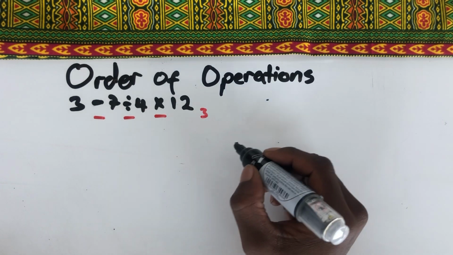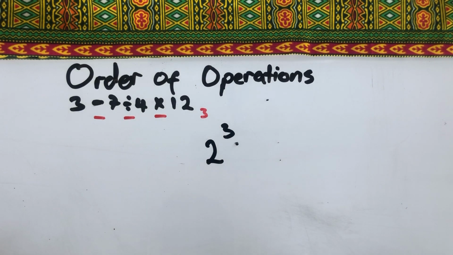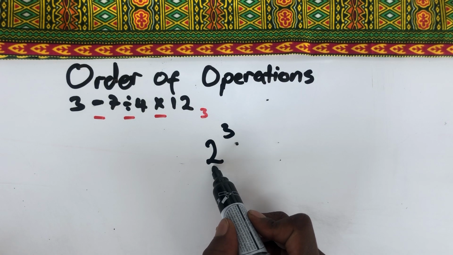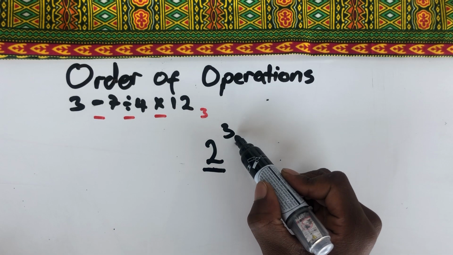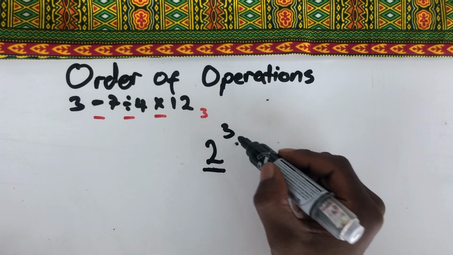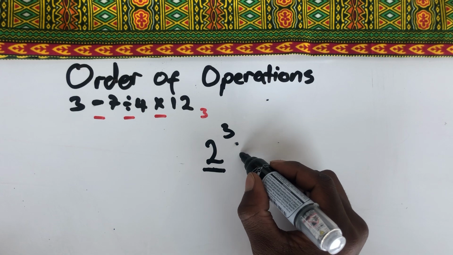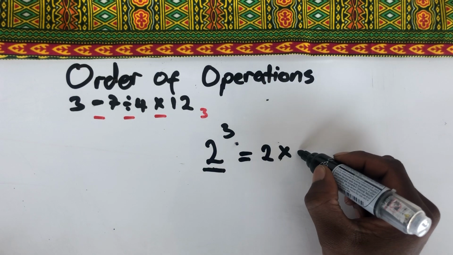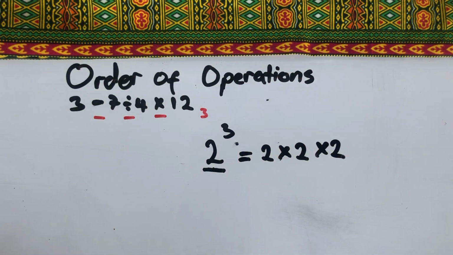For example, we have 2 to the power 3. What this means is the base number, which is 2, this is called the base, is being multiplied by the exponent here. What it means simply is we're going to say 2 times 2 times 2.